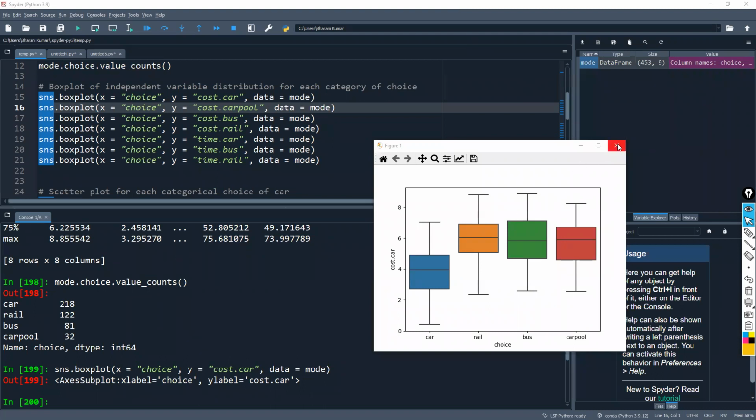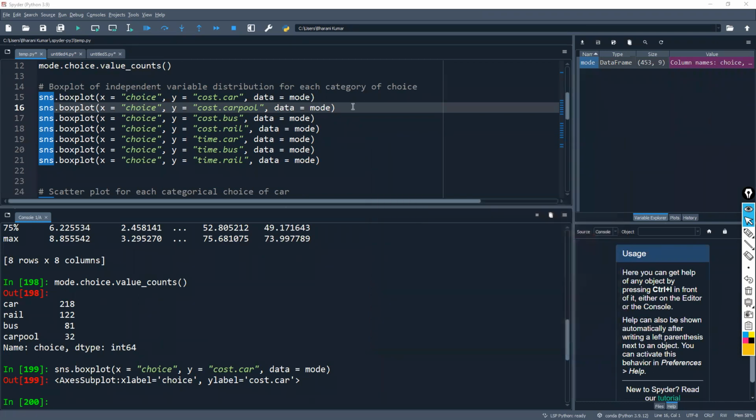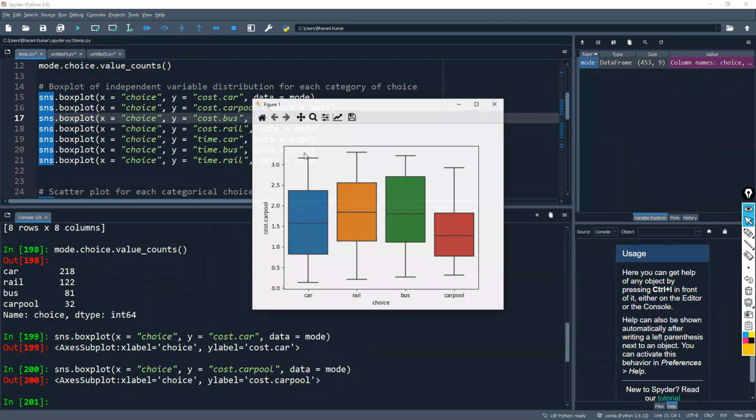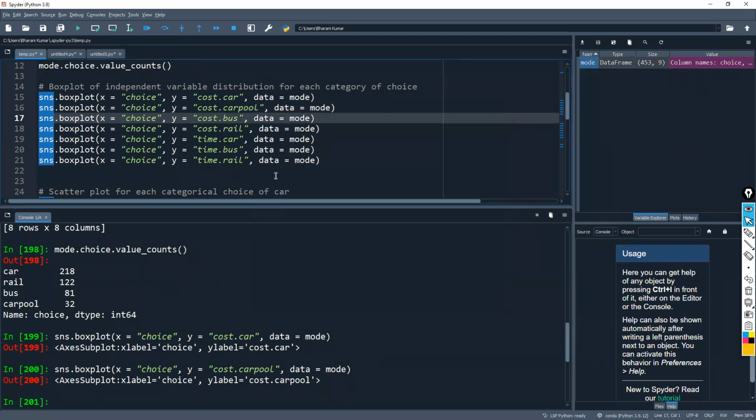So these kinds of insights you can draw the moment you have the different calculations. You can draw the box plot for each, and then you can draw inferences from each of these. Okay, next.